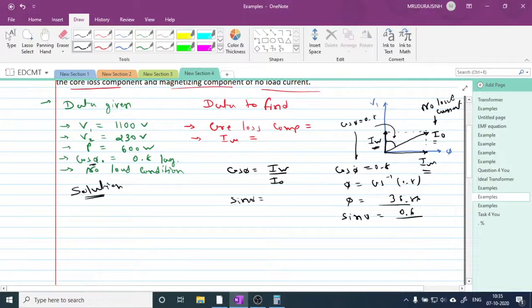Sin phi is equal to I mu divided by I0. So from this we can calculate IW is equal to I0 into cos phi, and I mu is equal to I0 into sin phi.